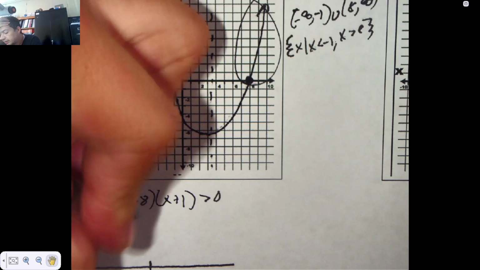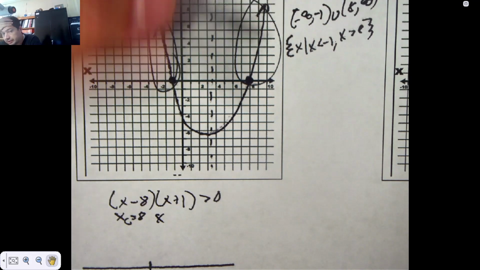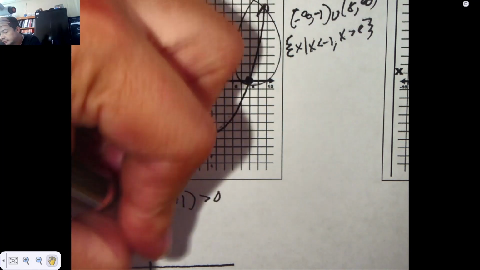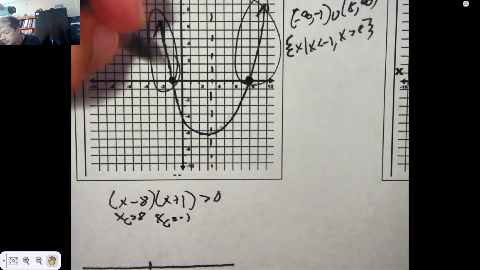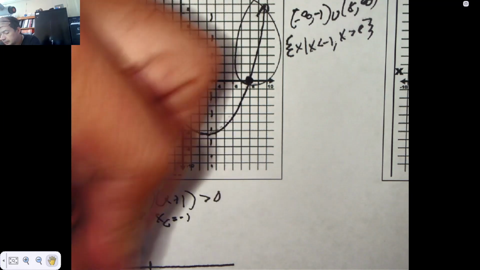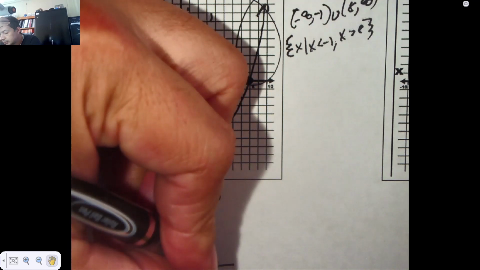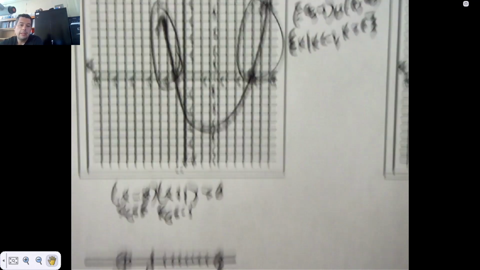These are called critical values. Notice there was no equality, so there is no equality. And I just kind of plot them. Open hole. Open hole. And then I test.